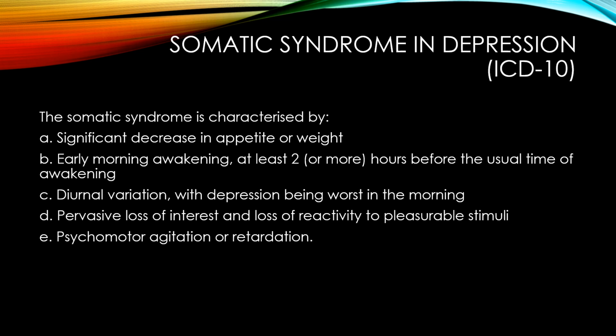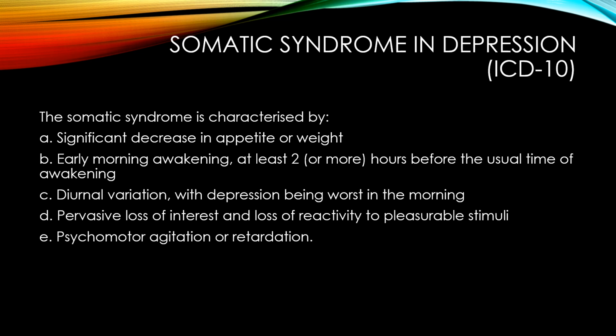Then early morning awakening. This is a very pathognomonic symptom of depression. The patient will come to you and say that I used to get up at 6 o'clock, but now at 4 o'clock I just get up and I'm not able to go back to sleep, and I just don't feel the need to sleep at all.